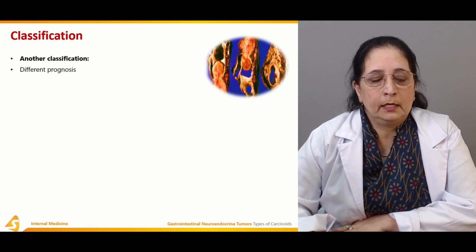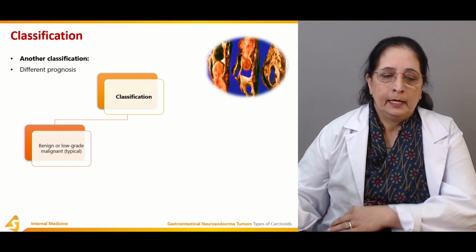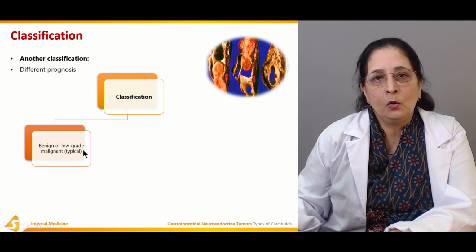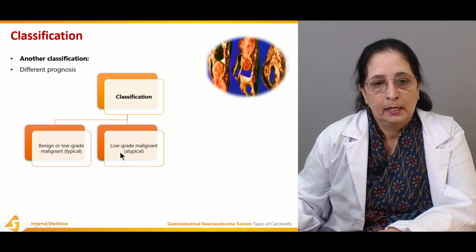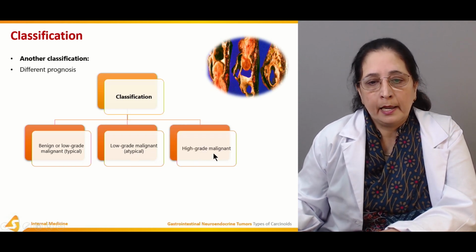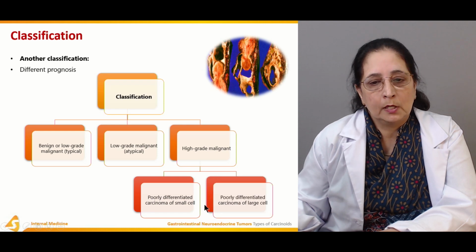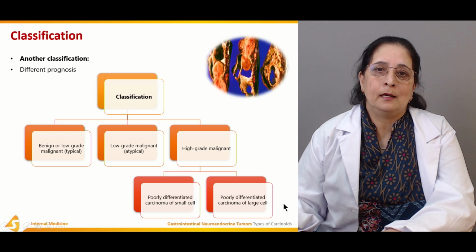Classification gives us different prognosis. Another classification is whether it's benign or low-grade malignant: typical tumor, low-grade malignant, atypical, high-grade malignant, poorly differentiated carcinoma of small cell, poorly differentiated carcinoma of the large cell.